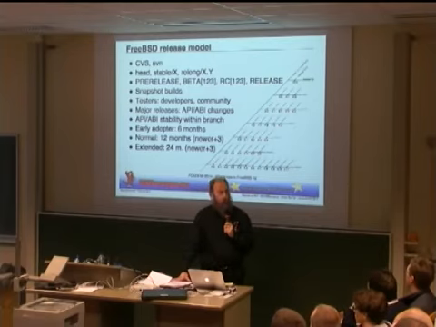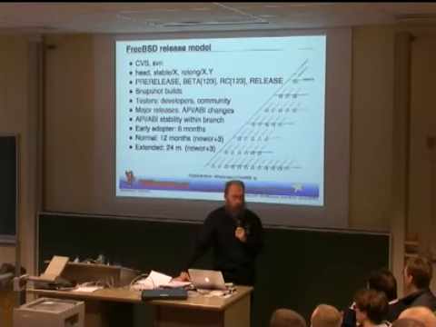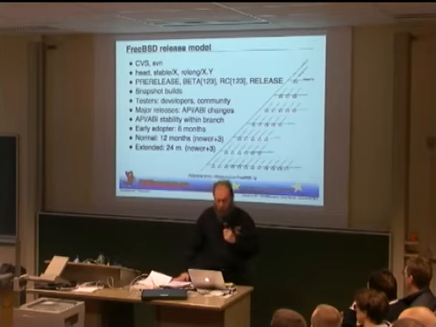So completely depending on what you're running your FreeBSD on, where you're using it for. Is it for personal usage? Is it for playing around? Or is it for serious business? You can choose the pace at which you upgrade your system.